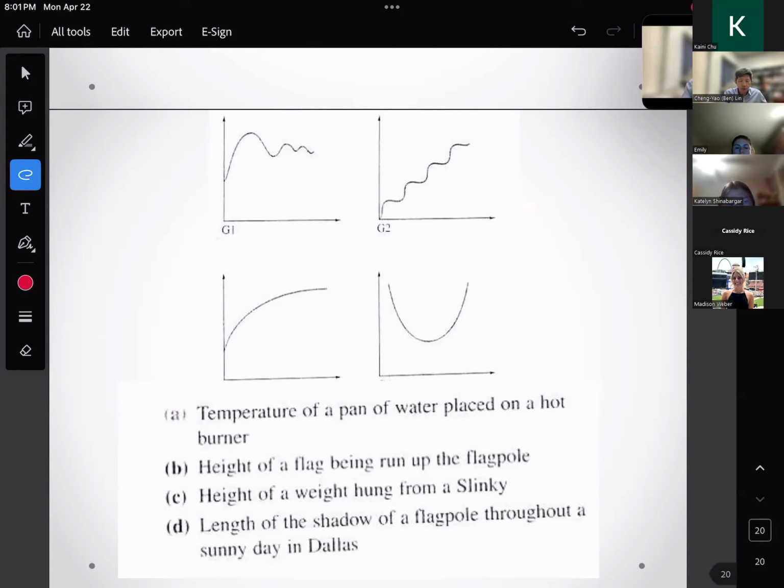And match them, okay? Temperature of a pan of water placed on a hot burner, which one? Height of a flag being run up the flagpole, which one? Height of a weight hung from a slinky. And length of the shadow of a flagpole throughout a sunny day in Dallas.